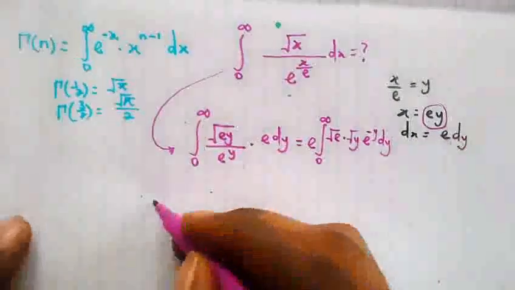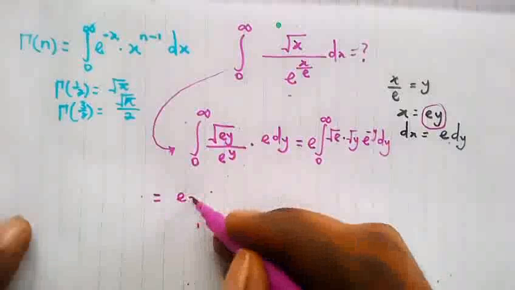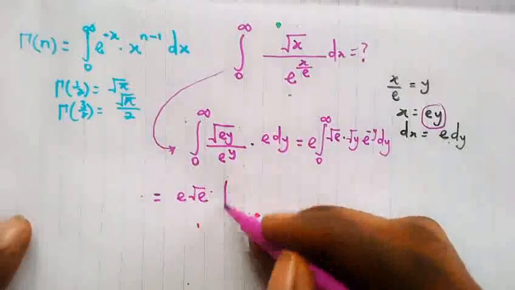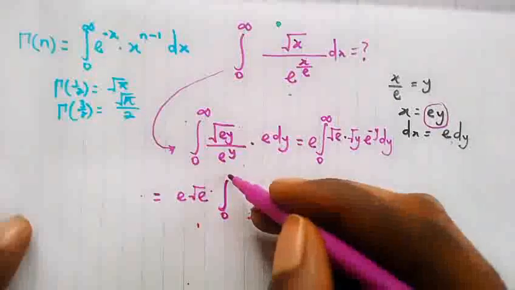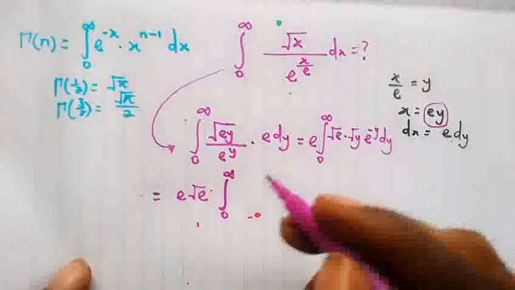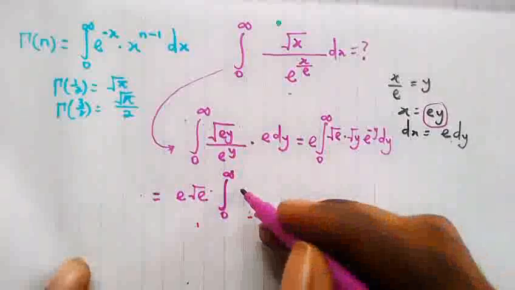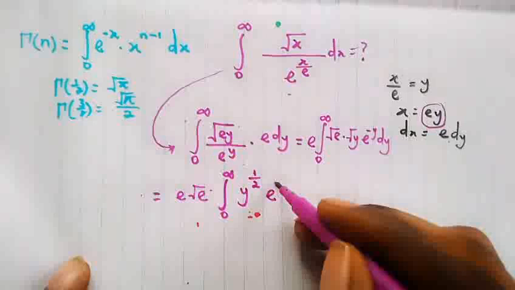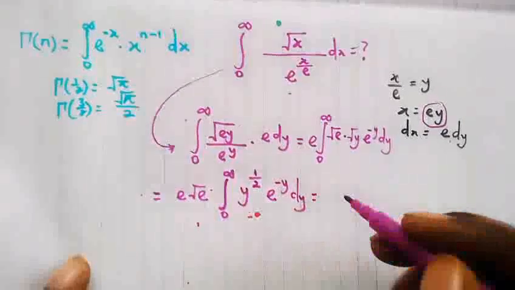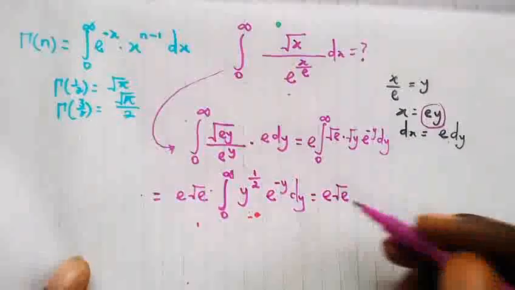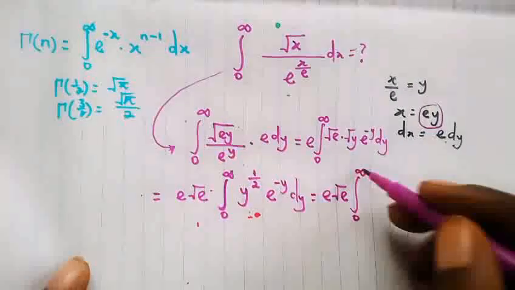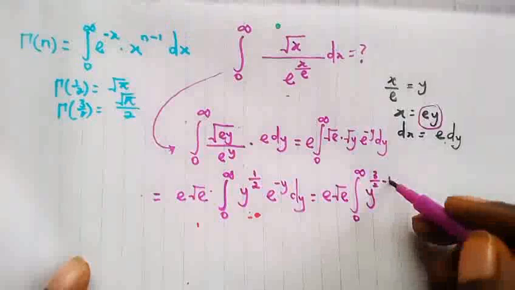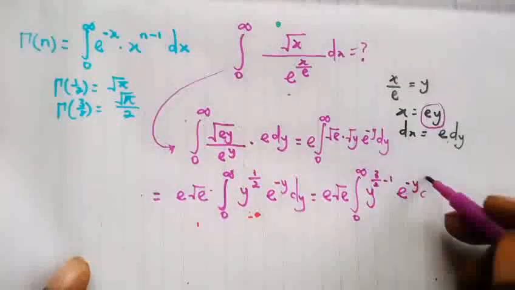Taking this square root of a out of the integral sign, we have a square root of a integral from 0 to infinity of square root of y, that is y raised to 1/2, times e raised to negative y dy. This is equal to a square root of a integral from 0 to infinity of y raised to 3/2 minus 1 times e raised to negative y dy.